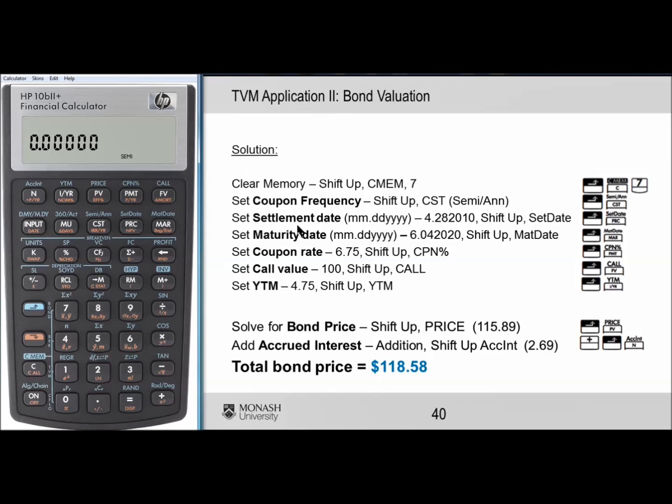Next, set the starting date. By using the default setting, which is month, date, and year, our settlement date is April 28, 2010. So we need to input the month April, dot, 28, 2010.